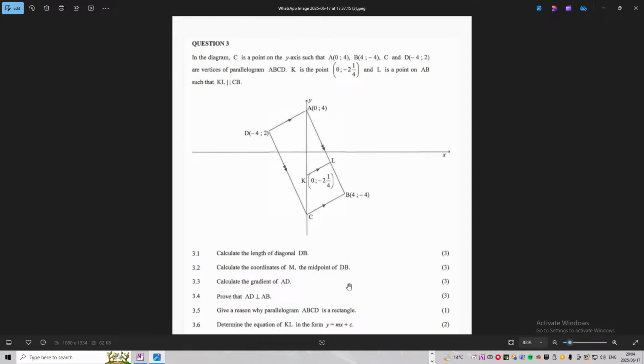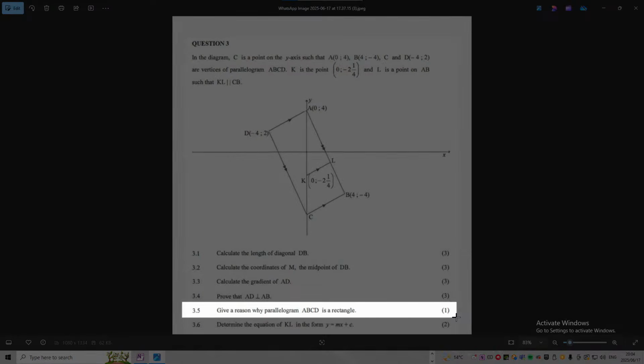Give a reason why parallelogram ABCD is a rectangle. How are you going to solve that? We need to prove the properties of a rectangle.